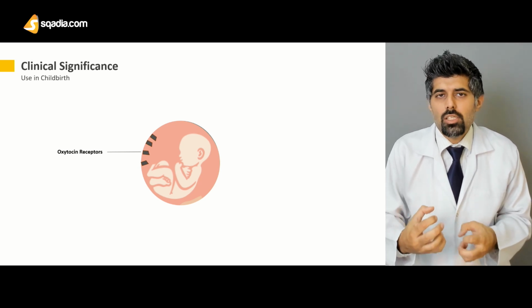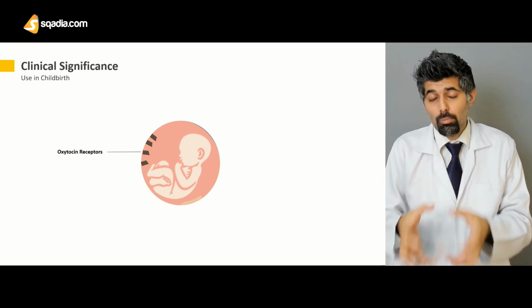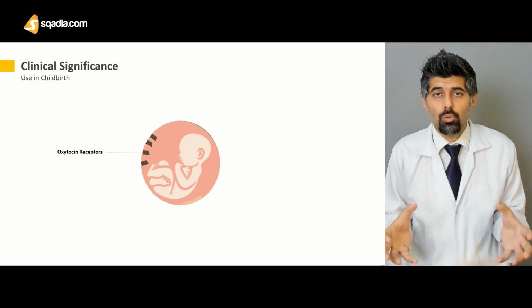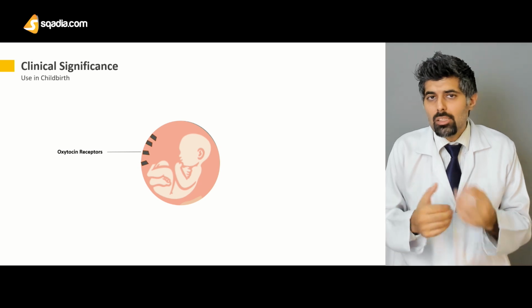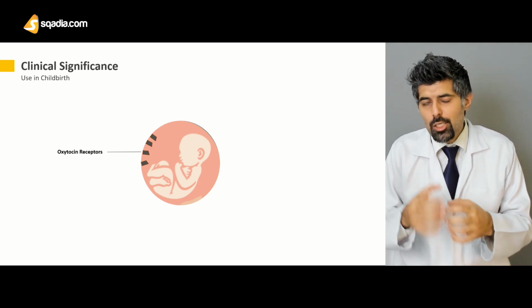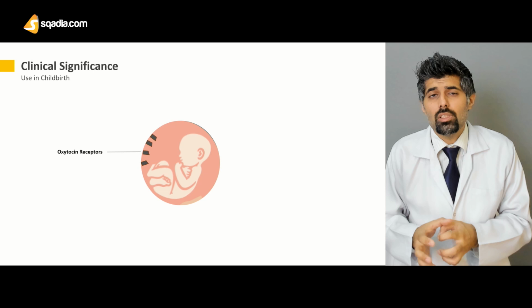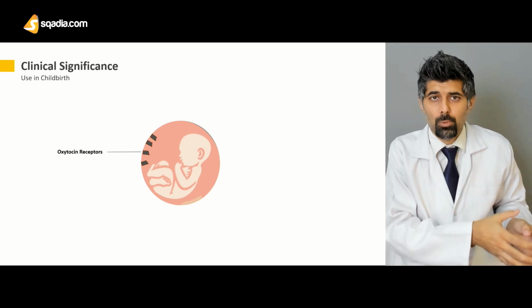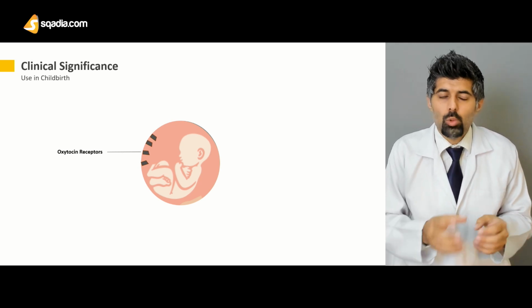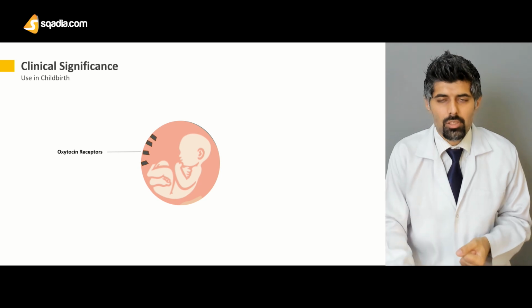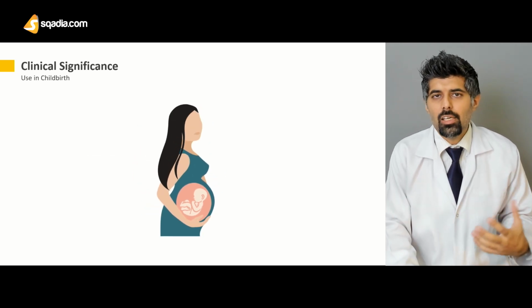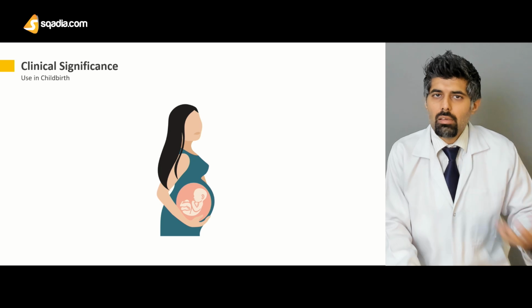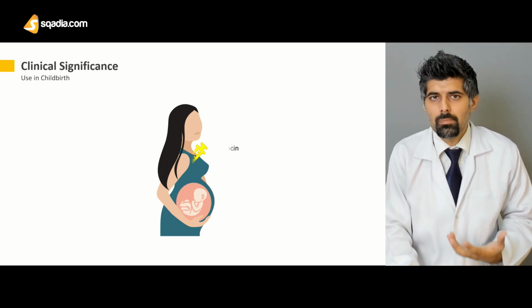So, if the patient is in the late stages of pregnancy, having a large amount of receptors in the uterus but is not undergoing delivery, it usually means that oxytocin is not being released by the posterior pituitary. So what we do in such a patient is give that patient intravenous oxytocin.